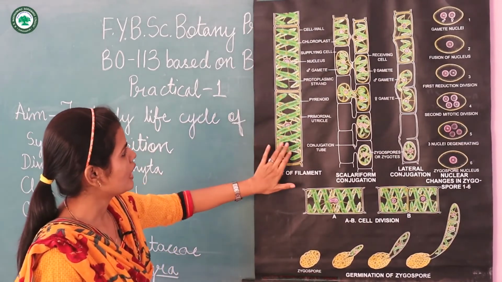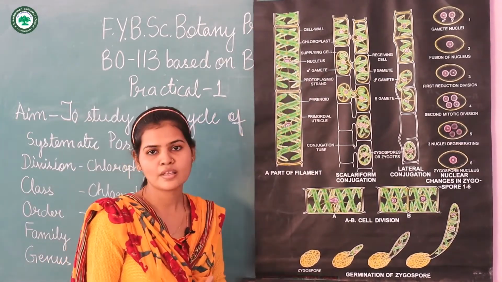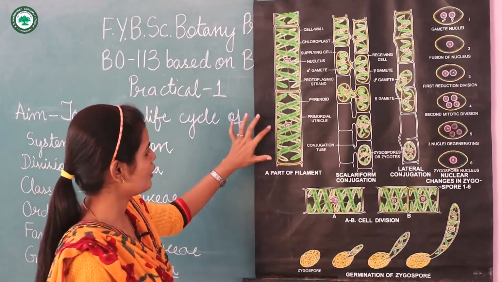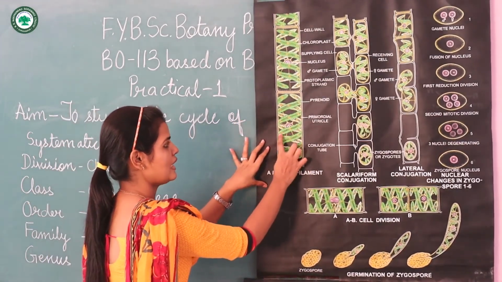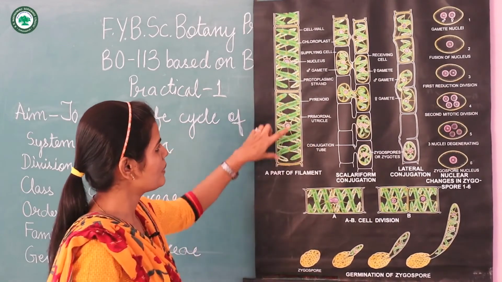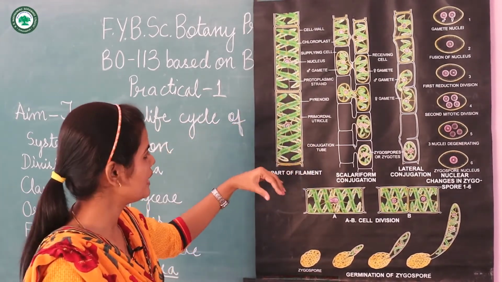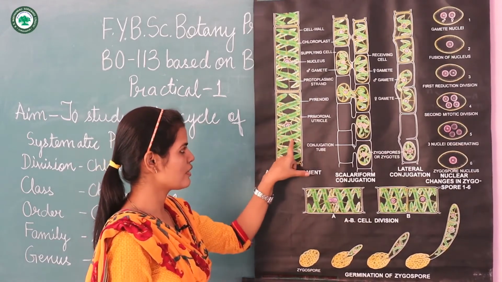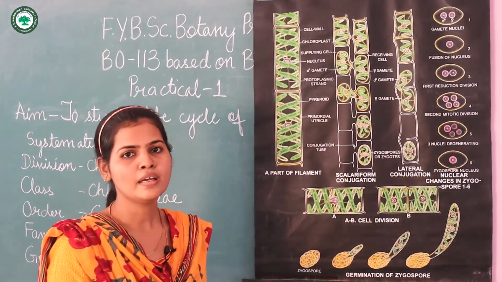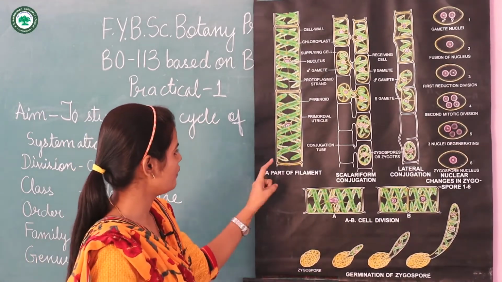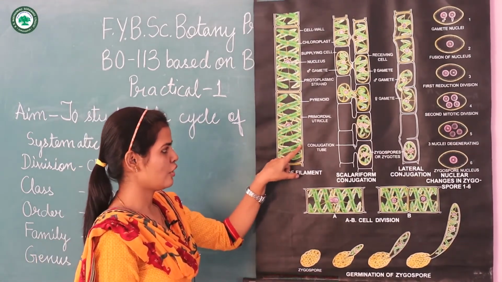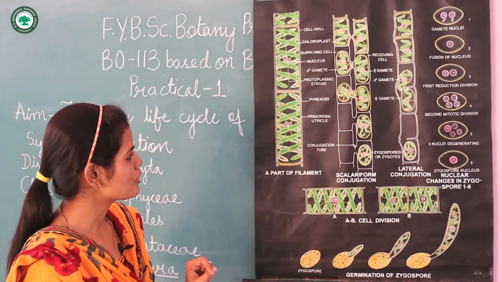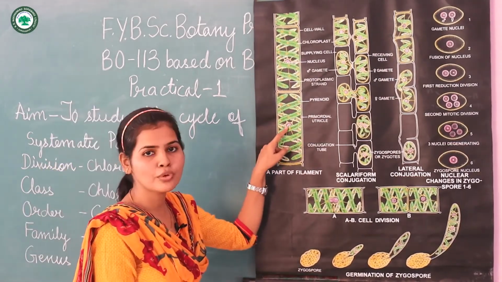Next, in each cell there is a spirally arranged chloroplast. These spirally arranged chloroplasts are present throughout the filament in each cell. On the chloroplast, pyrenoids are present. Next, it also has a nucleus.